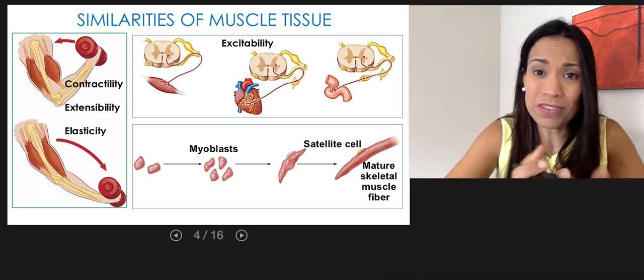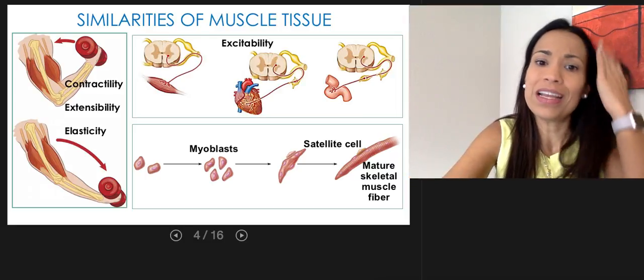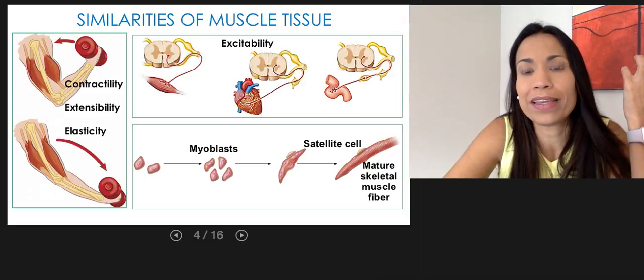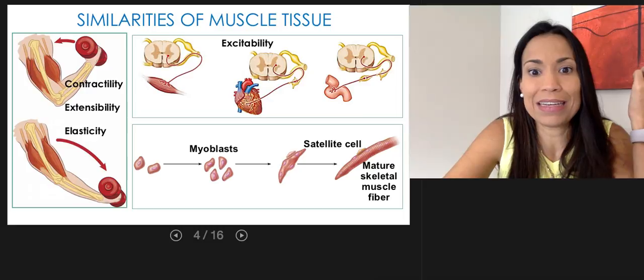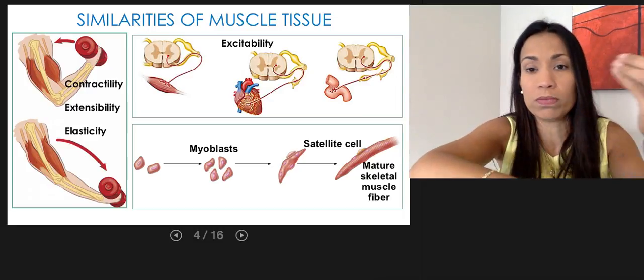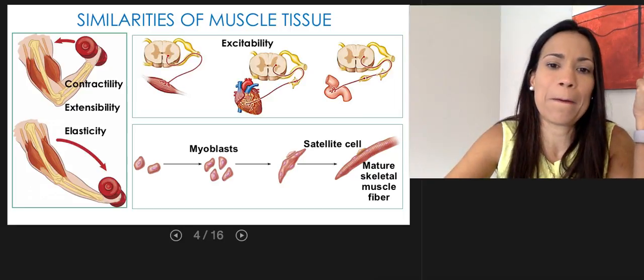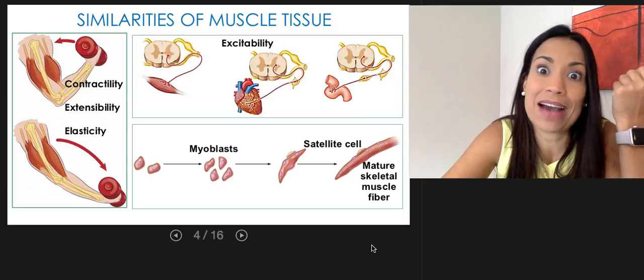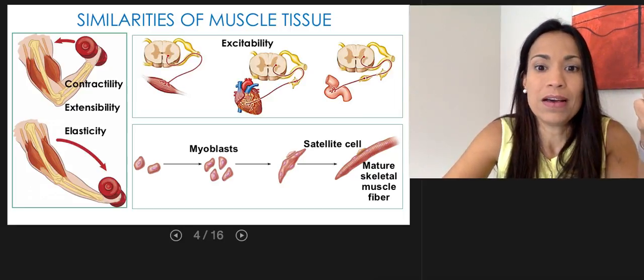But a severe injury simply cannot be replaced. And sadly, we cannot regrow the muscle tissue like we can with the skin. We cannot put a patch of muscle.